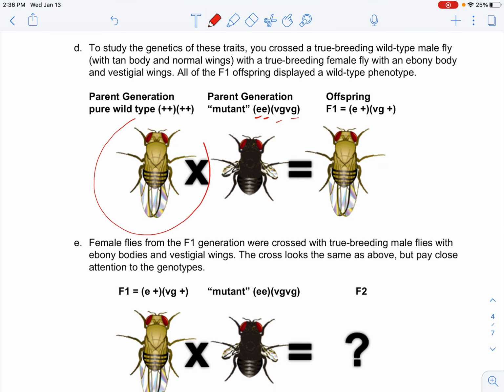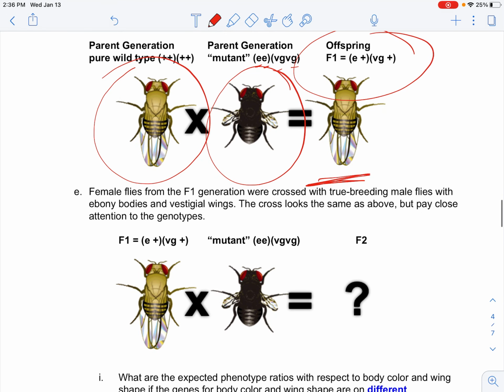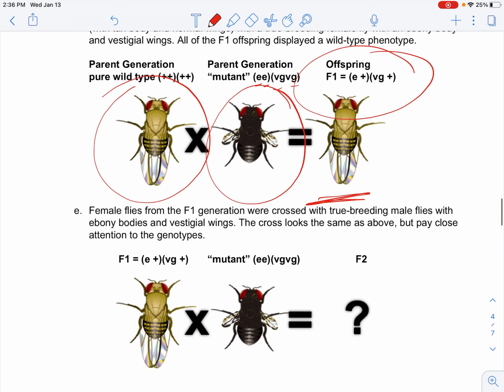So in a parent generation, if we cross a wild type homozygous dominant with a mutant homozygous recessive, we'll end up with a hybrid, which has both the recessive and the dominant alleles, but shows the dominant phenotype because it has at least one dominant allele.